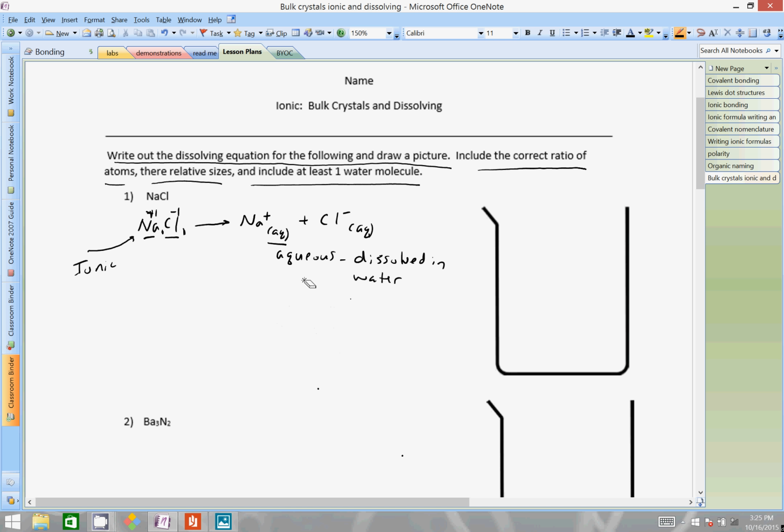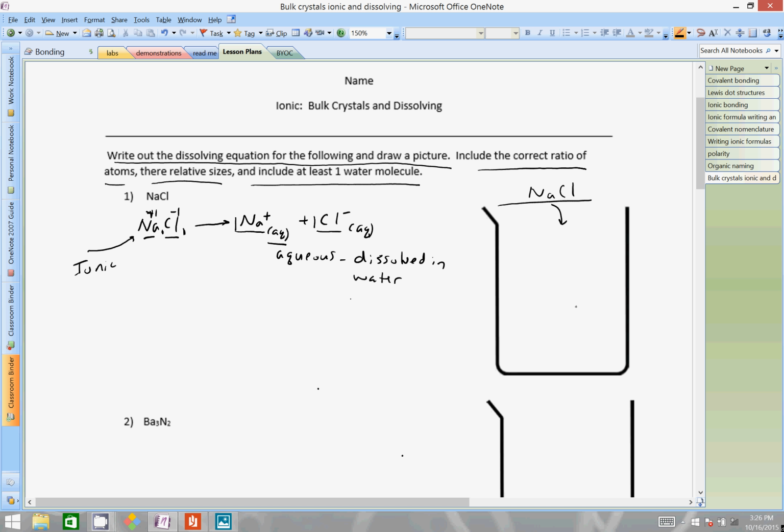It's saying include the correct ratio. So I should have 1 of the Na plus for every 1 of these guys. It breaks apart in 1-to-1 ratios. As I dissolve the NaCl into the solution, I should have an equal amount of cations and anions in solution.